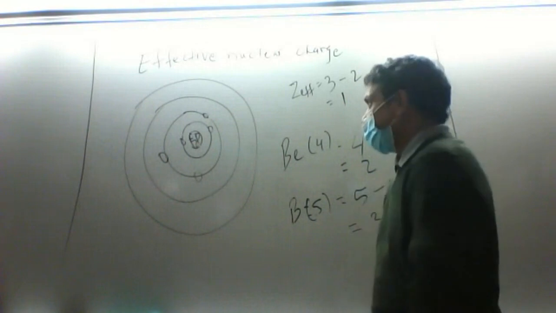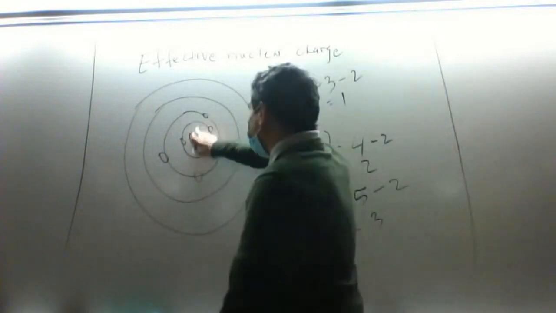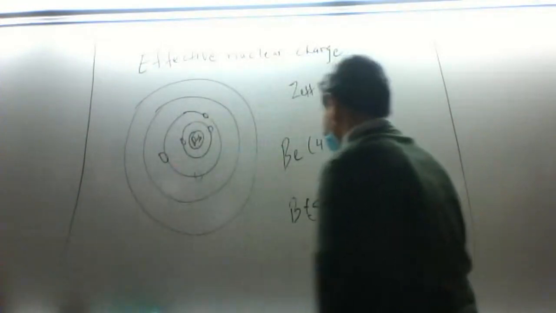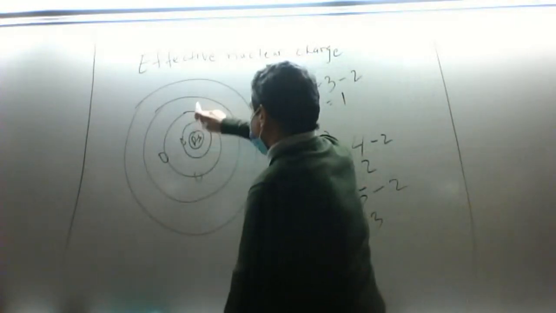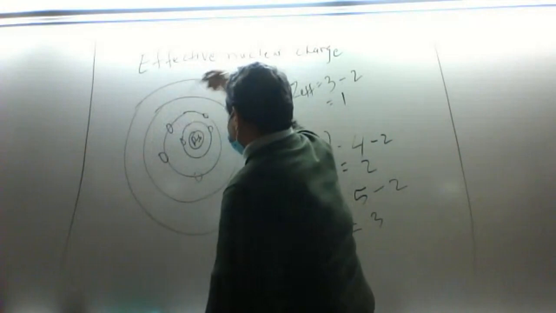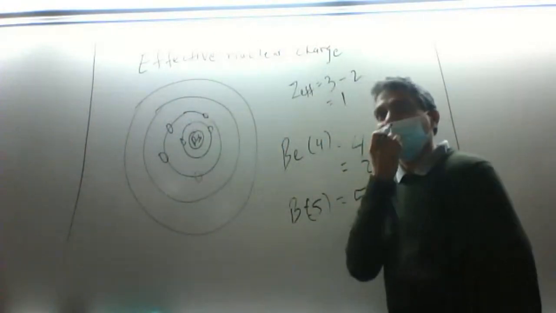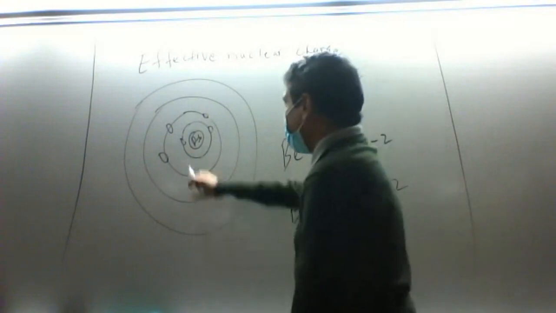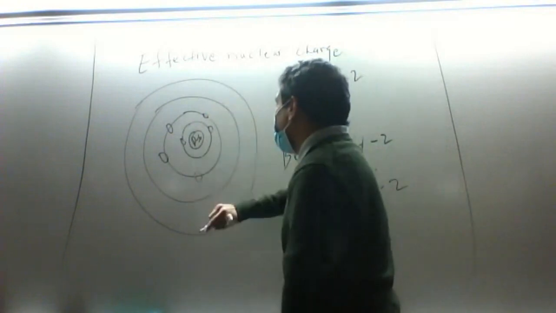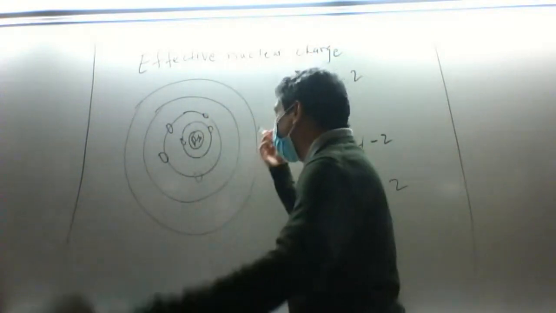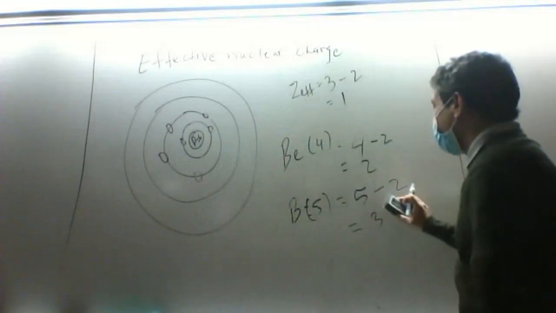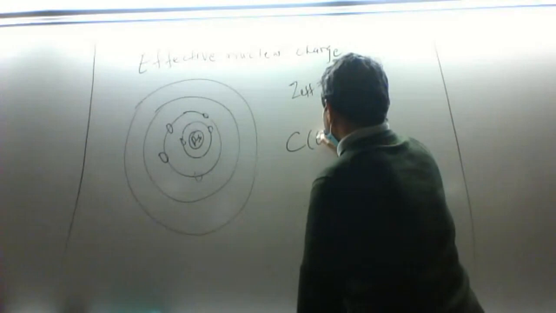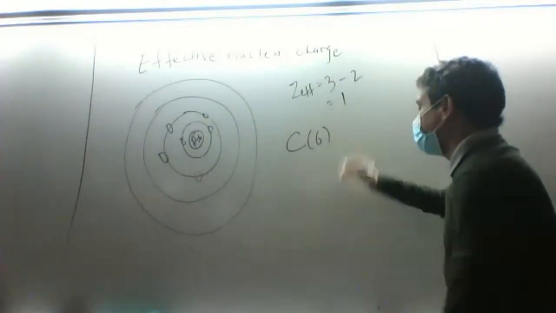Now, if you go to carbon, carbon is number 6. So protons are 6. I'm not writing neutrons there. So 2 electrons there, then 1, 2, 3, 4. So now it is 6, right? Carbon has 6 electrons and 6 protons.